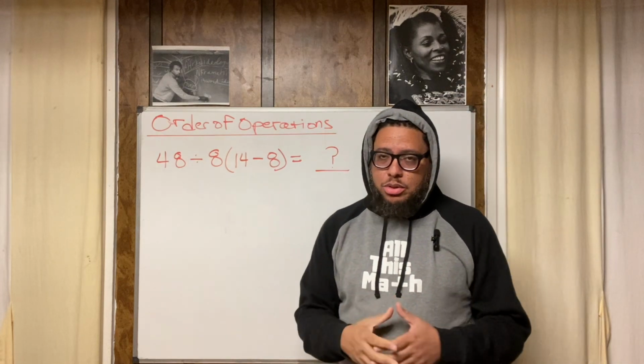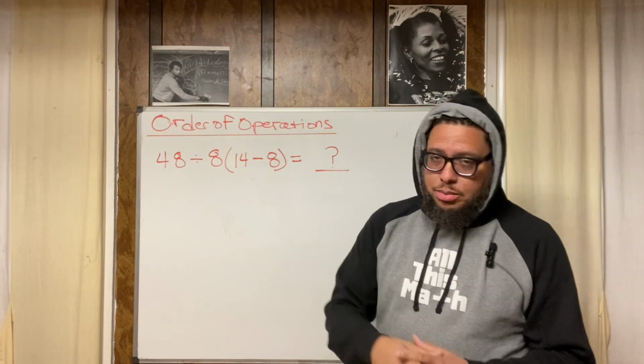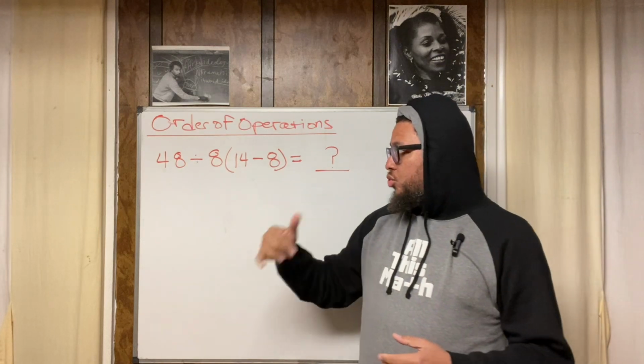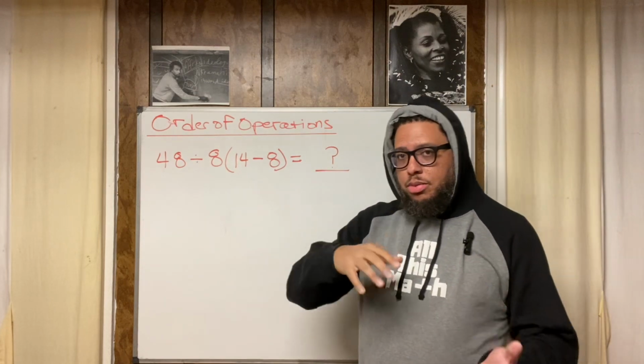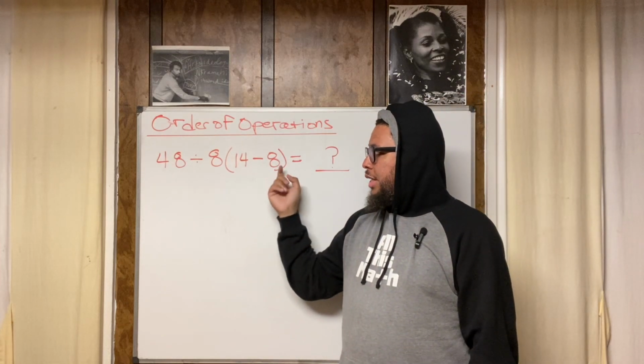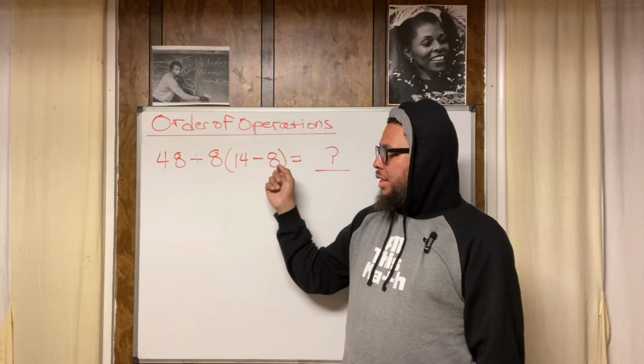Usually in mathematical language, the word "and" means addition, but because the word "difference" precedes it, that trumps the typical meaning of the word "and." So the difference of 14 and 8, or the quantity of 14 minus 8.